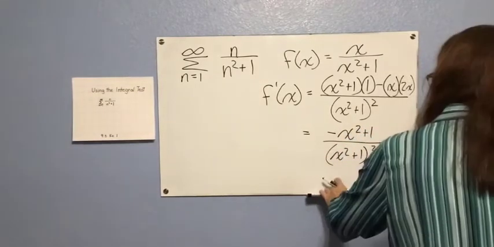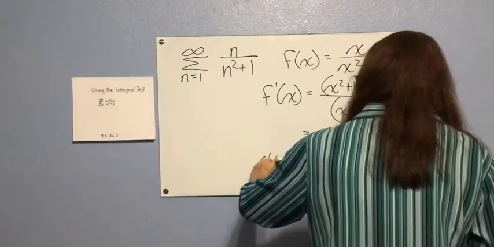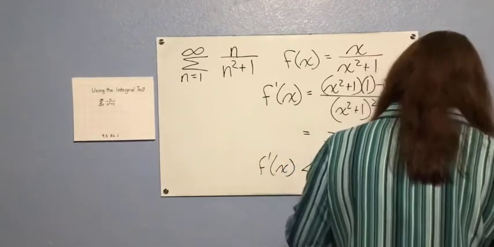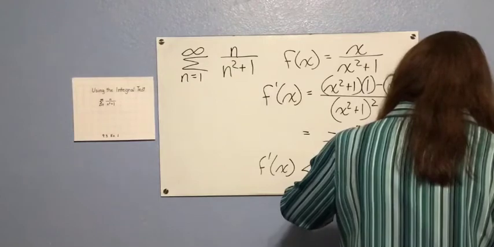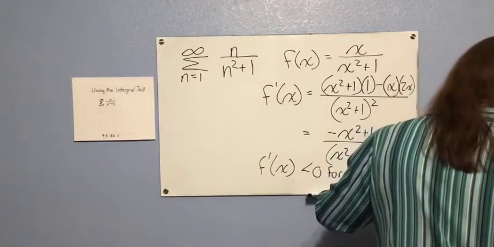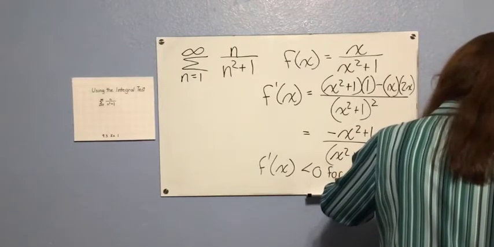squared. So this tells me if x is positive, f prime of x is going to be less than 0 when x is more than 1.